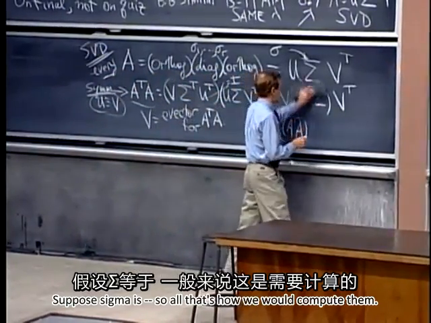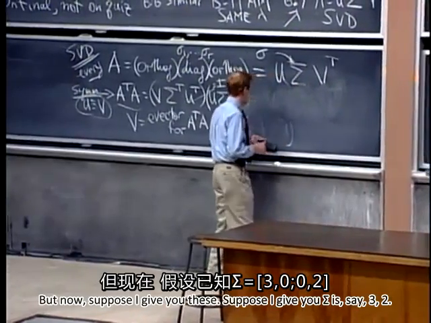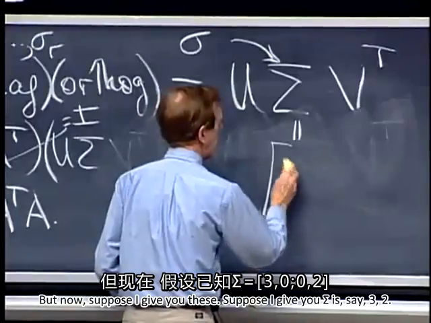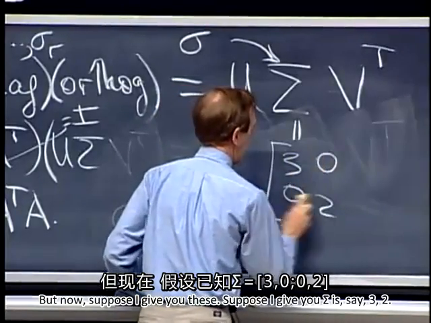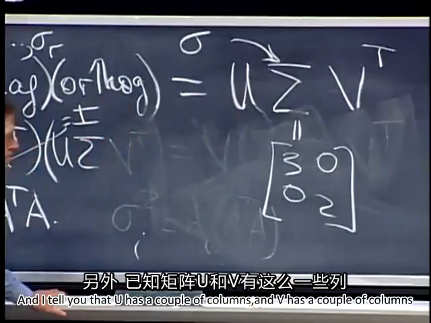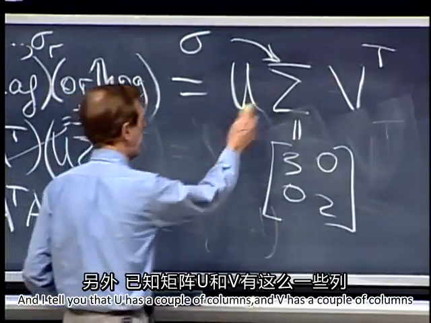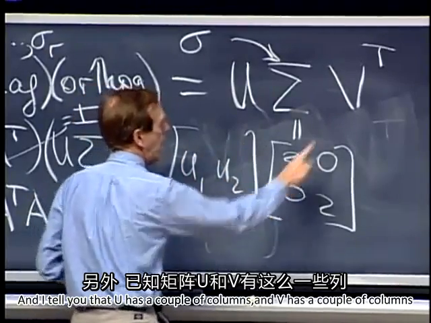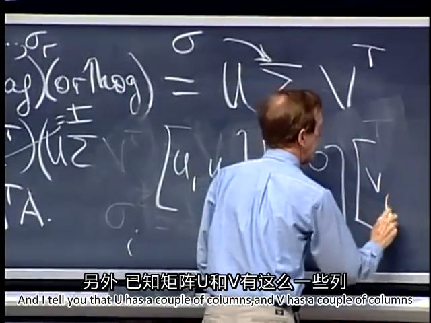So all that's how we would compute them. But now suppose I give you these. Suppose I give you sigma is, say, 3, 2. And I tell you that U has a couple of columns, and V has a couple of columns.